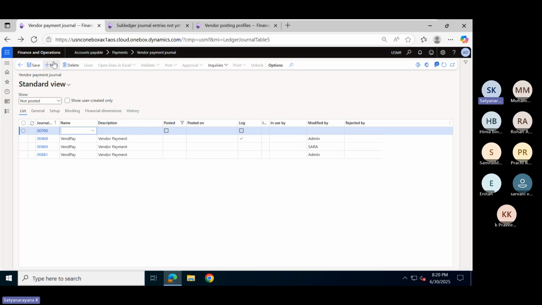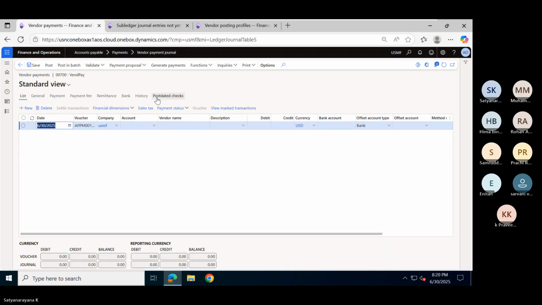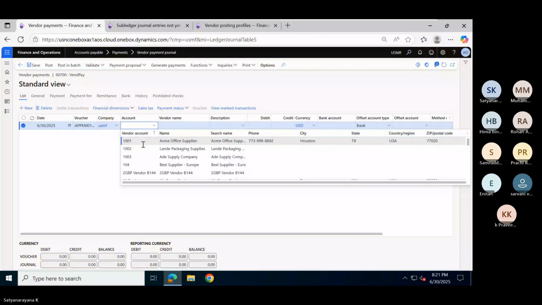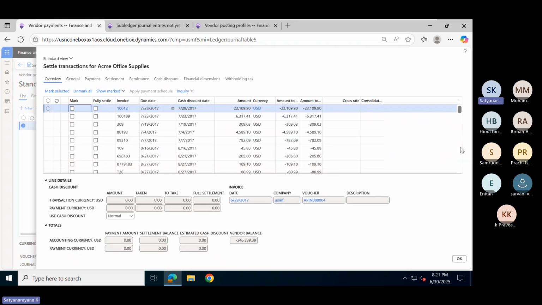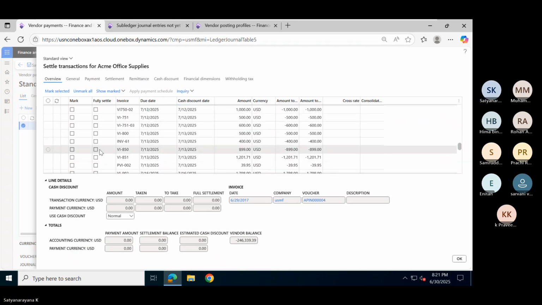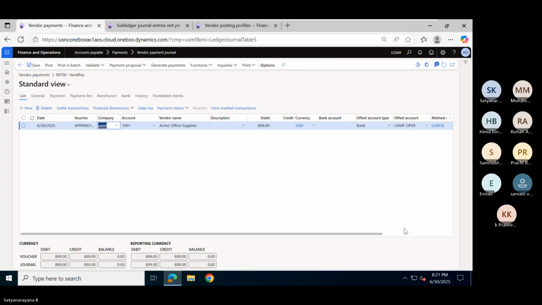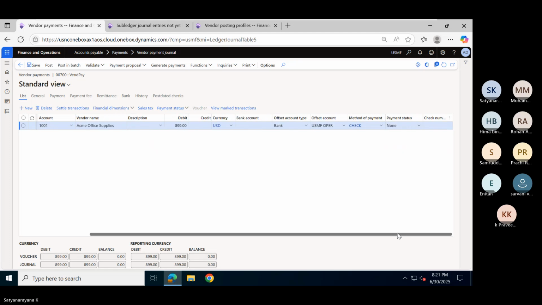Click on new, select the journal name, go to lines, select the vendor, settle transactions, you can select the invoice. Click OK. Now here, method of payment check.